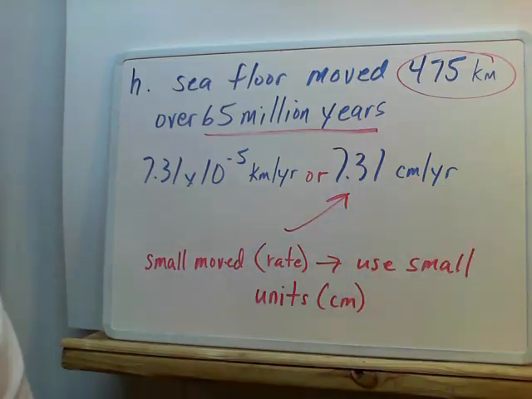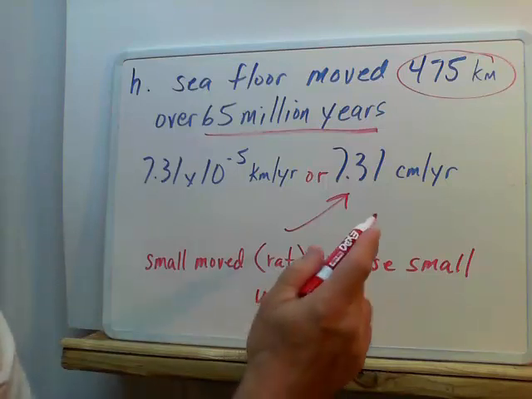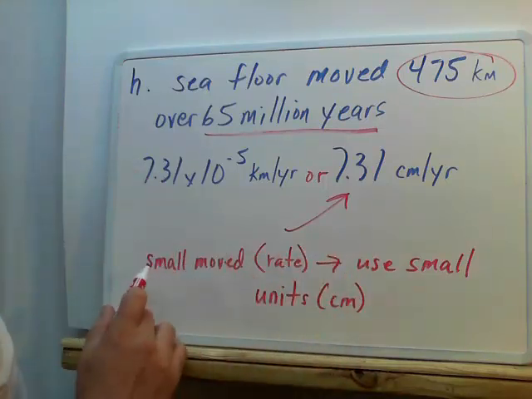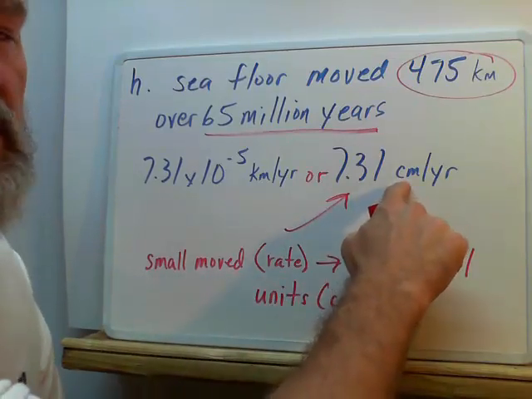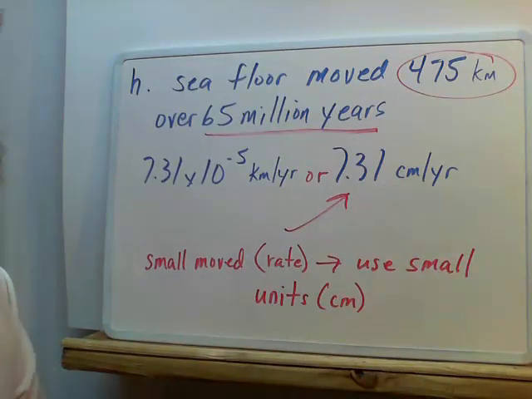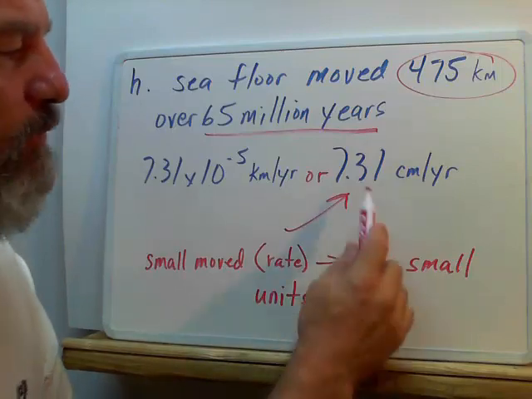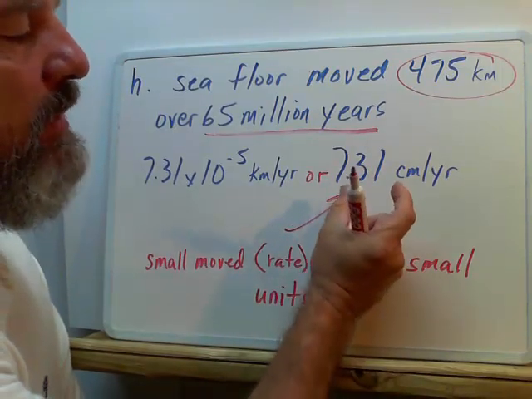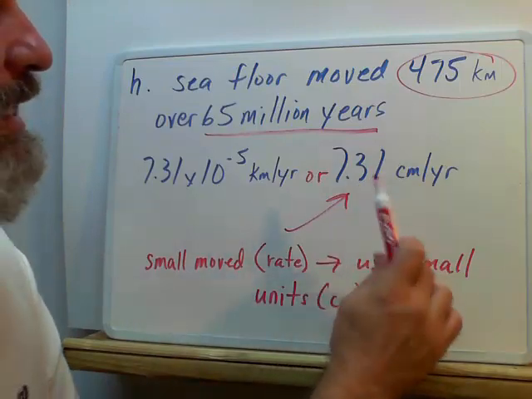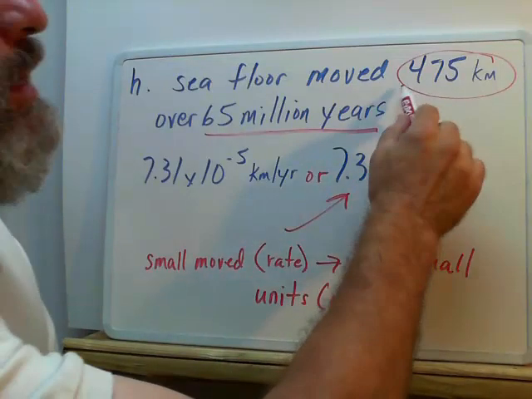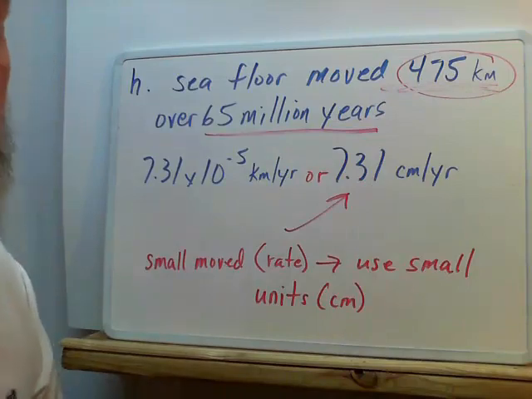So the question is, which of those should we use? And the key thing to focus on here is that is a small amount of movement. That's only centimeters per year. So just imagine sitting around waiting to watch something that moved 7 centimeters, about probably that far, in an entire year. That's a very small movement, even though we're talking about over many, many years.